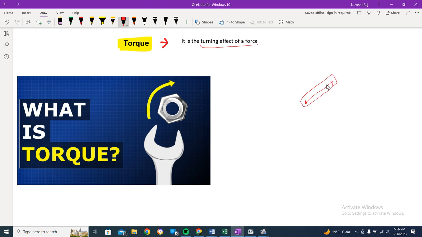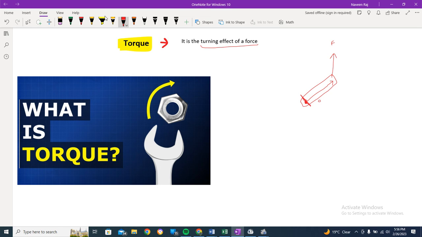Suppose this is a door, and the point is the axle which is fixed. When you apply a force F in this direction, the object which I have made will not move in the direction in which you applied the force.